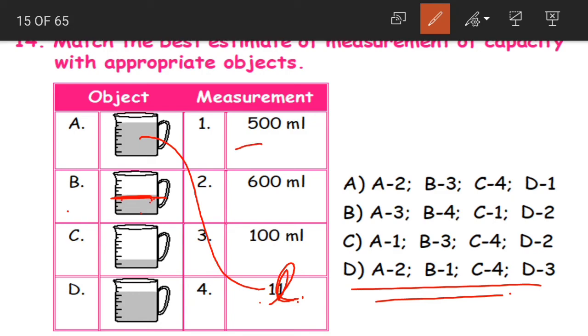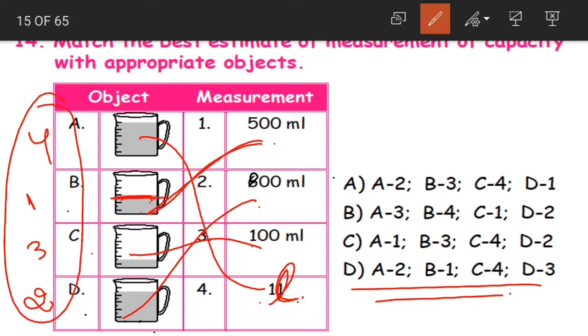So half means 500 ml. So B is 1, C is 100 ml and D is not 600. It would be around 800 ml. D would be having around 800 or 900 ml of liquid in it. So this is the correct answer. 4, then we have 1, then we have 3 and then we have 2. This is our correct answer.